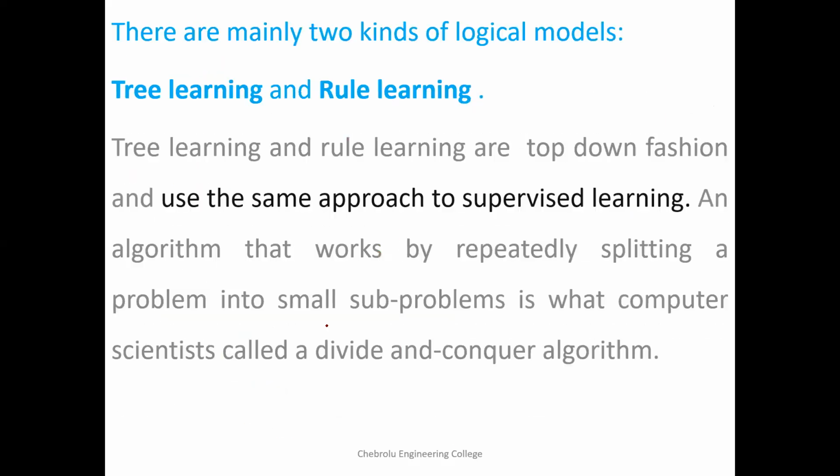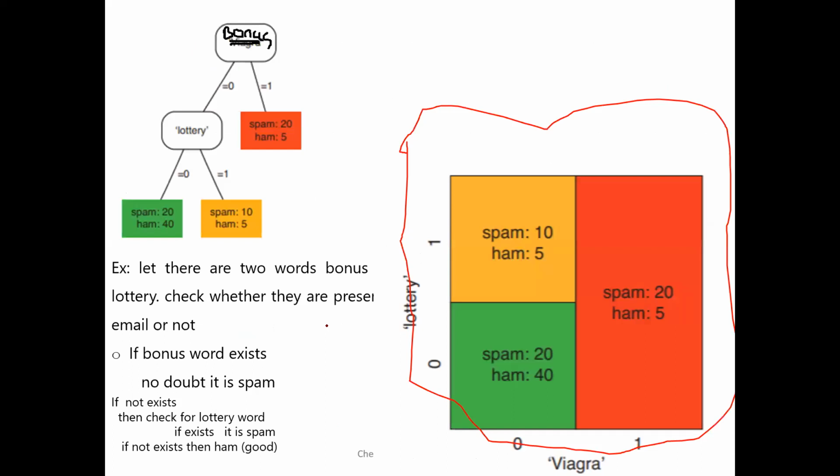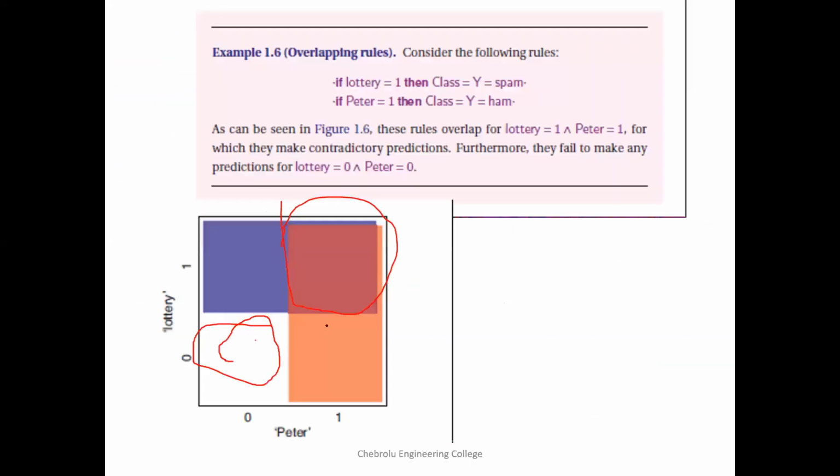Remember, this is a tree model, and this can be called a decision tree. Inconsistency and overlapping are very important. In this particular example, we can see very clearly what is meant by inconsistency, incompleteness, and overlapping.